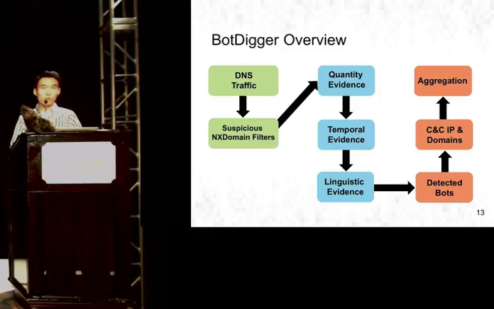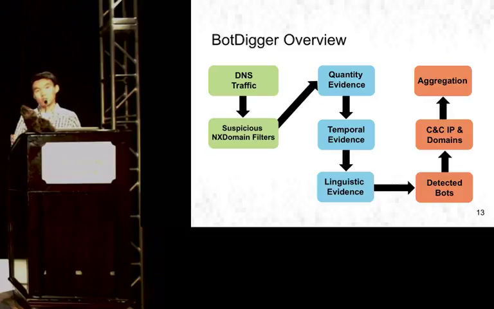So here is an overview of our system. The input is DNS traffic. The first step is we use a set of filters to filter out the non-suspicious domains. For example, domains that do not have a valid TLD, or very popular domains like Google or Yahoo.com, for which we use a whitelist. And then we have the suspicious NX domains.